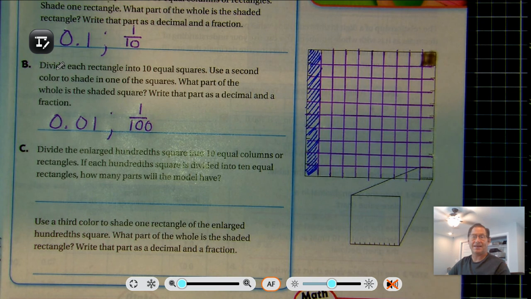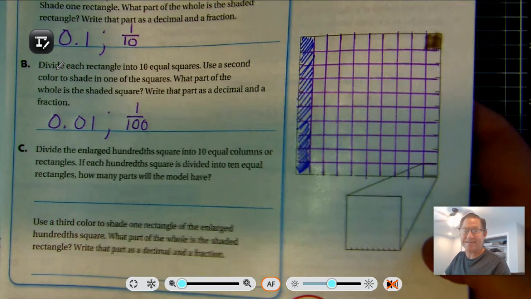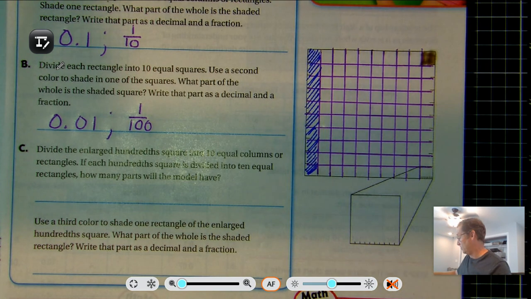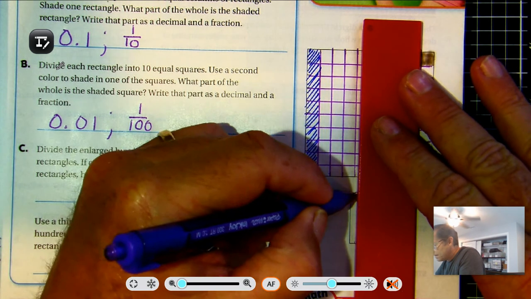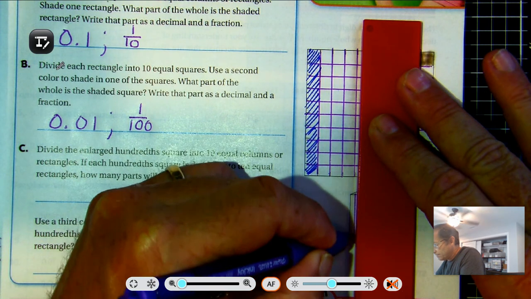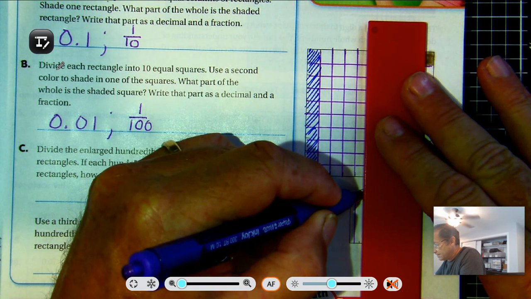So we're going to divide that larger square into 10 equal columns or rectangles. They give you a little mark at the bottom to help with your straight edge.